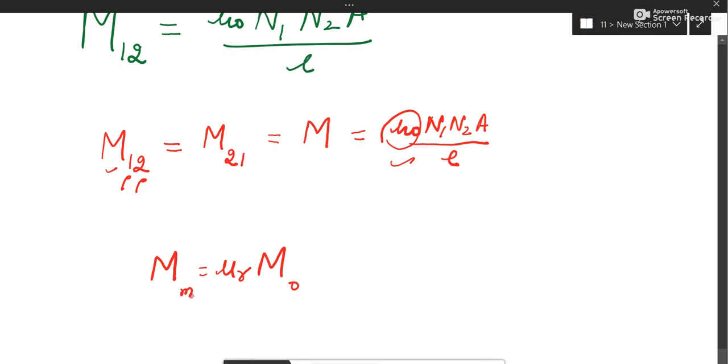The same we did in self-inductance. What we need to keep in mind is what A is: A is the common area, and the common area is always equal to the area of the smaller coil.